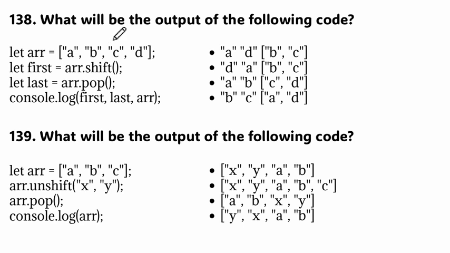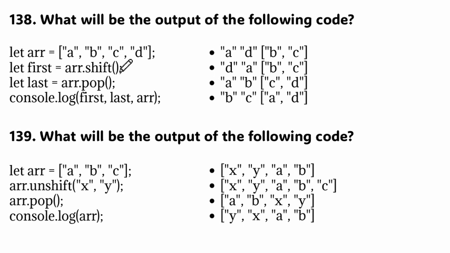Another question, we have been given a code. You can see we have given 4 strings inside an array, A, B, C and D. First, we have declared a new variable with the name of first, and inside the first variable I have given array dot shift. Array is the name of the array, and the dot shift operation is used to remove the first element from the array.